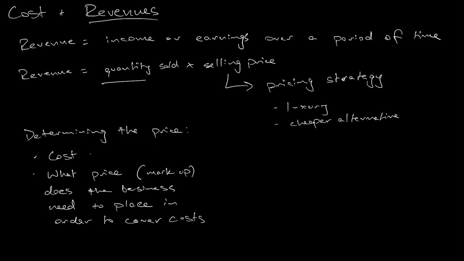So even though revenue and cost are different concepts, they have an overlap in the mind of the business because they can't be treated independently. These things are interdependent of each other.